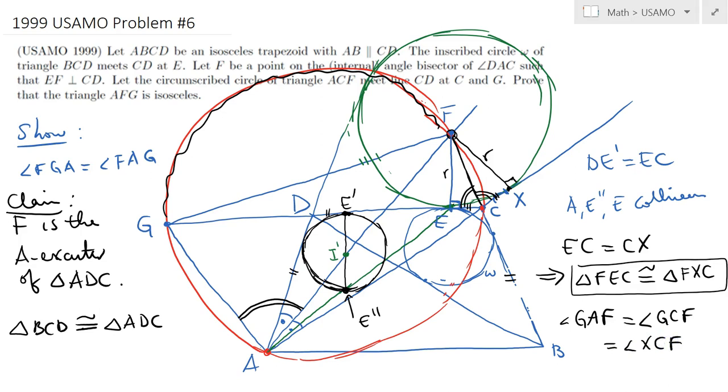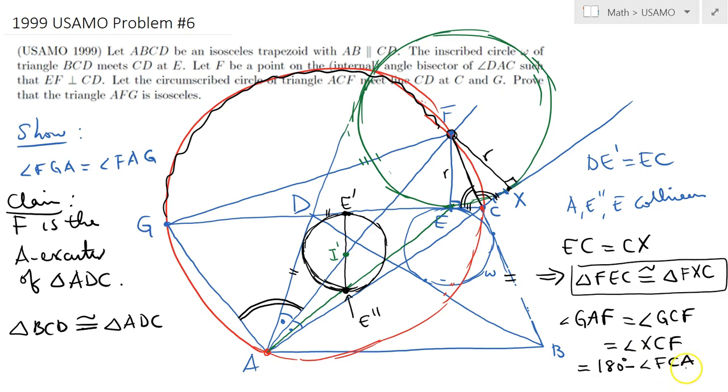But now notice that XCF is equal to 180 degrees minus FCA, because they are supplementary angles.